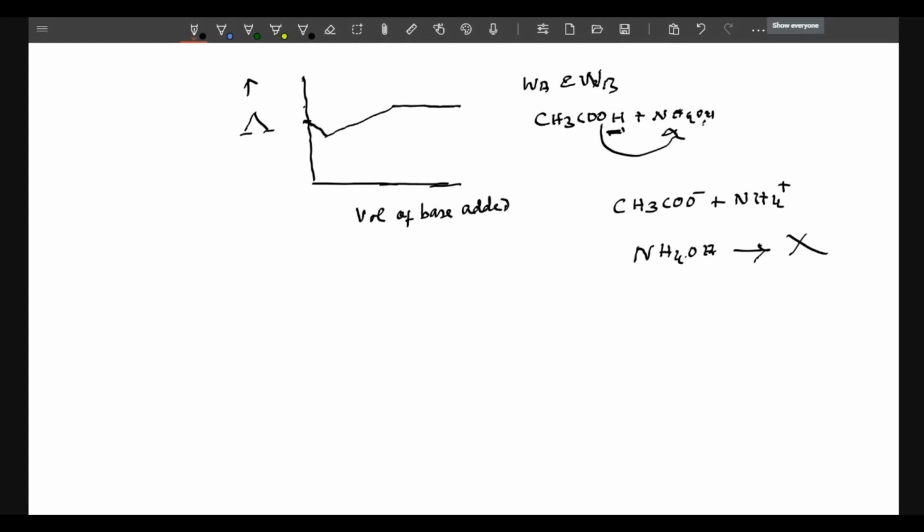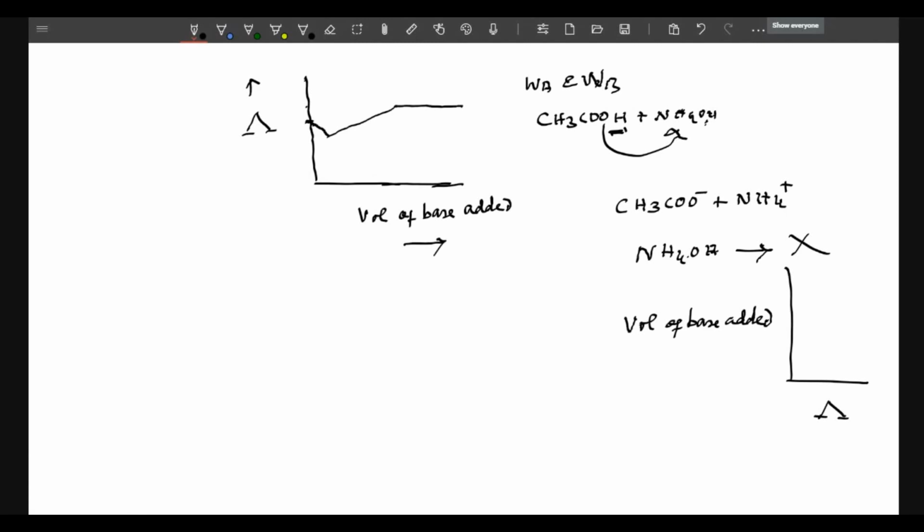Now, one question: if the titration curve is plotted between the volume of base added versus the conductivity, note the change here.